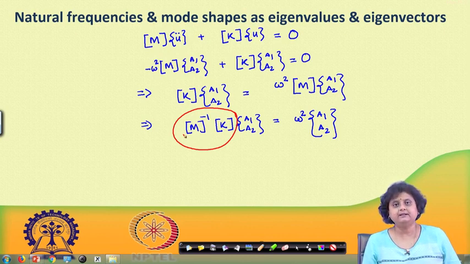There are several numerical algorithms available to efficiently find the eigenvalues and eigenvectors of a large system, and any of those can be adopted if we want to find the natural frequencies and mode shapes of a multi-degree of freedom system with a reasonably large number of degrees of freedom.